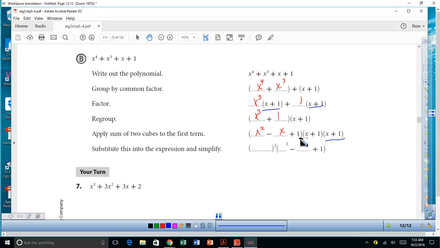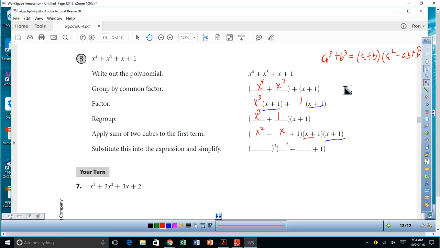And then don't forget we got this right here, x plus 1. Remember it was a cubed plus b cubed equals a plus b times a squared minus 2ab minus ab minus ab plus b squared.